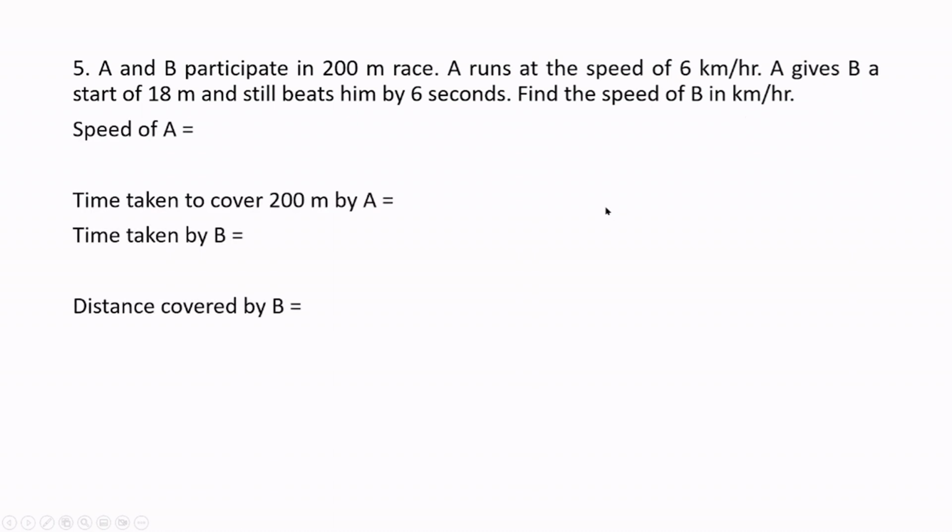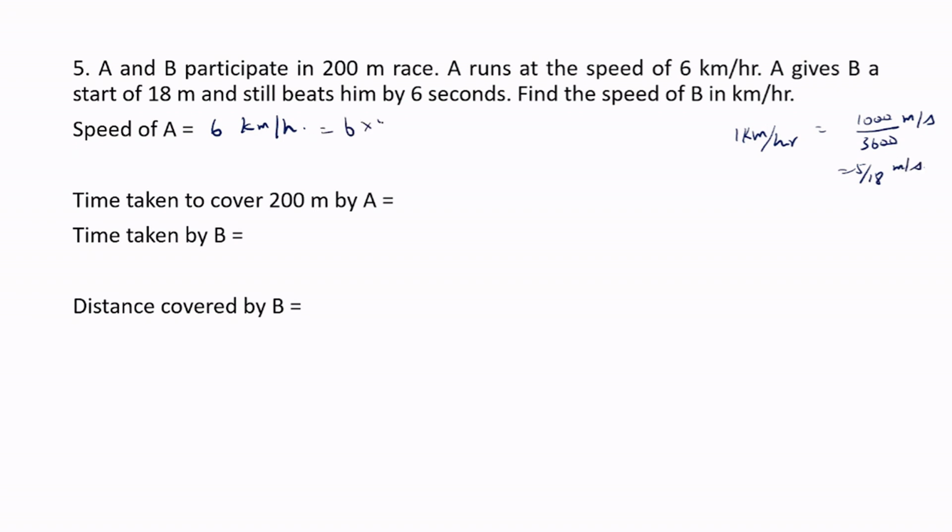So here speed of A is given as 6 km per hour. Since the distance and time are given in seconds, first we have to convert this into meters per second. 1 km per hour is 1000 by 3600 meters per second, so it is 5 by 18 meters per second.